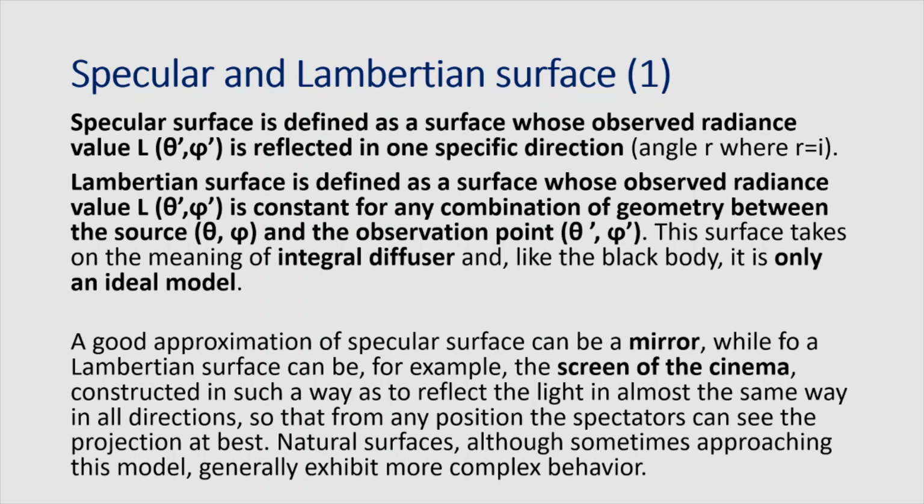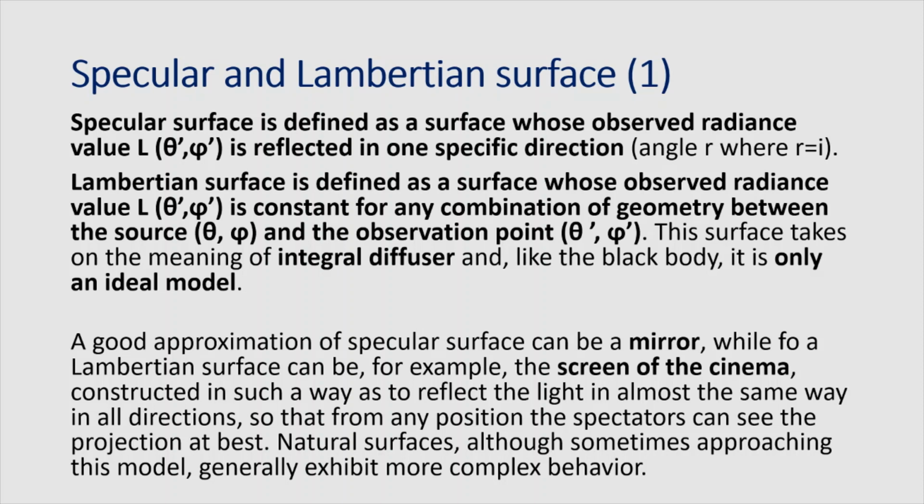So if I'm projecting over a screen a flux coming, for example, from a video projector, and this video projector is perpendicular to the surface, if this screen is a specular surface, you can see what is projected only if you are in the same position of the projector, because if you are projecting perpendicularly, the reflection will be perpendicular too.